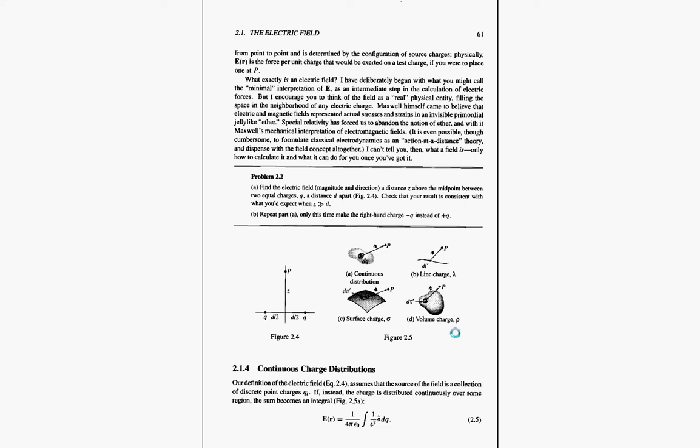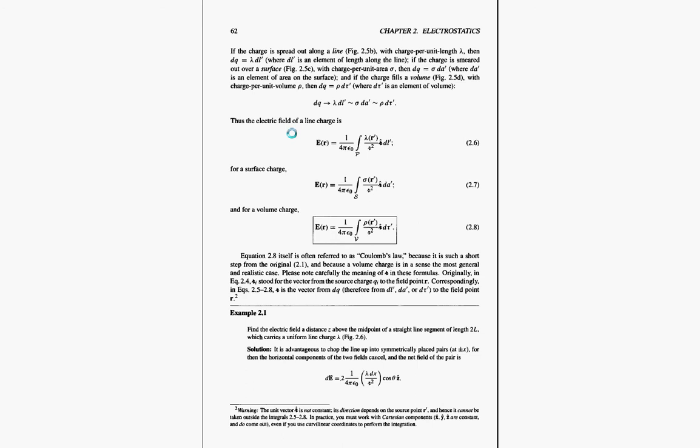It's just given by the charge over the length, area, or volume. Then we can replace the infinitesimal charge dq with lambda dl prime, or sigma dA prime, or rho d tau prime.